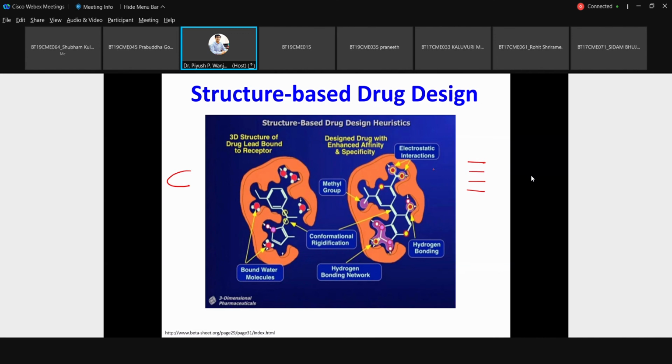But now you can actually see when the particular ligand is going and binding to a particular receptor, how it is going to interact with it. Now this word is very important for our later studies, interaction. Why is it important? In QSAR, did you ever have this word? Interaction, did you use the word? You did not use the word.